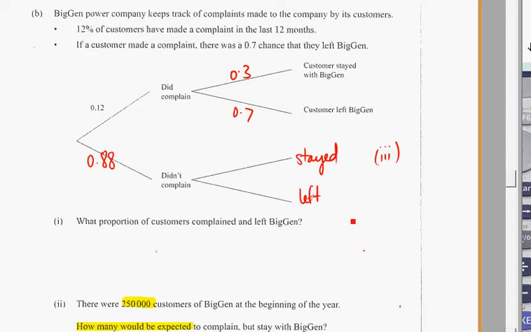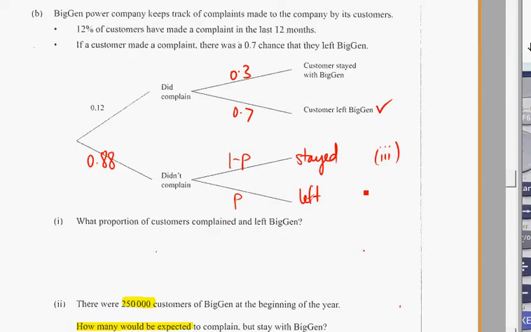Find the probability that a customer who didn't complain left the company. So that's the one we'll call P. We want the probability from question 3 that a customer who didn't complain left, which would make that 1 minus P. Now we know that over the last 12 months, the probability of someone leaving was 10%.